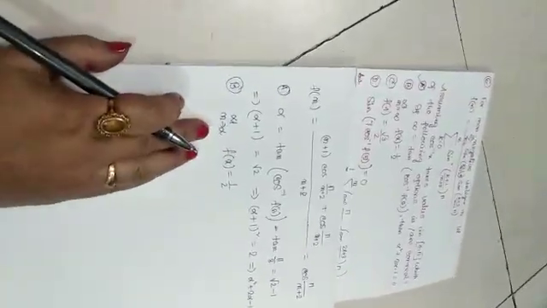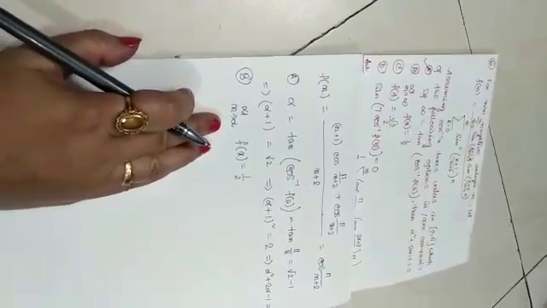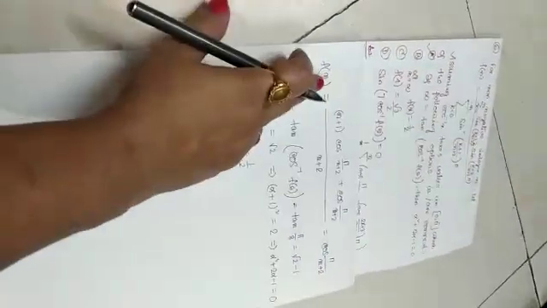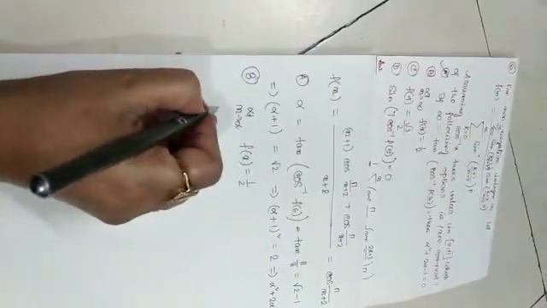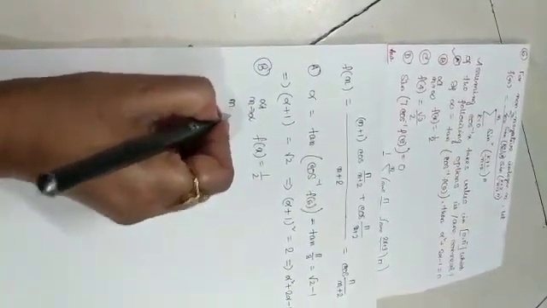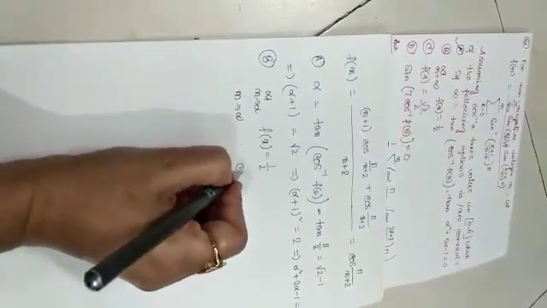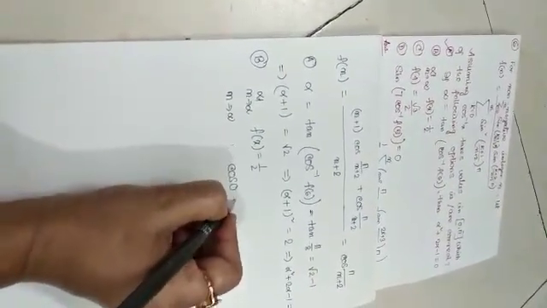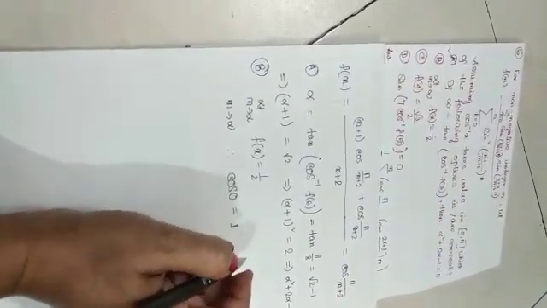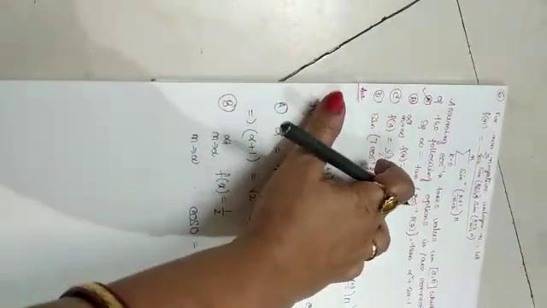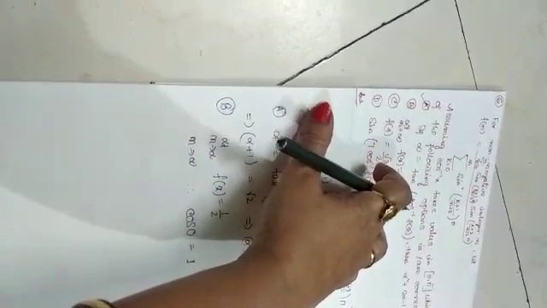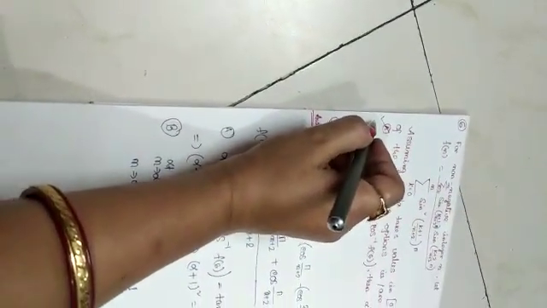As n tends to infinity, our f_n becomes cos of 0, and cos 0 is equal to 1, but it is given as half, therefore B is a wrong answer. Now B is not correct.